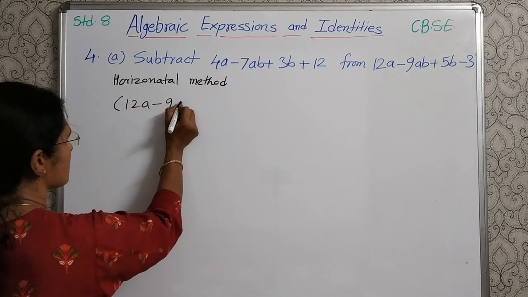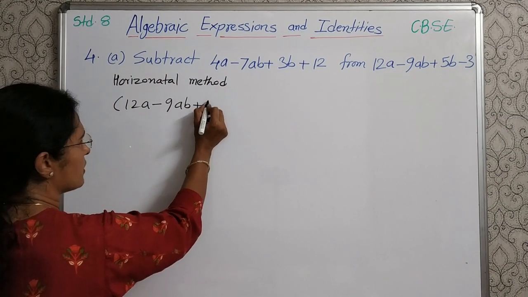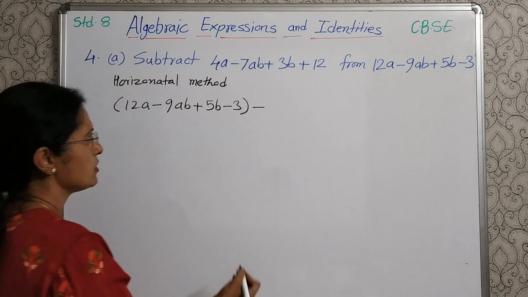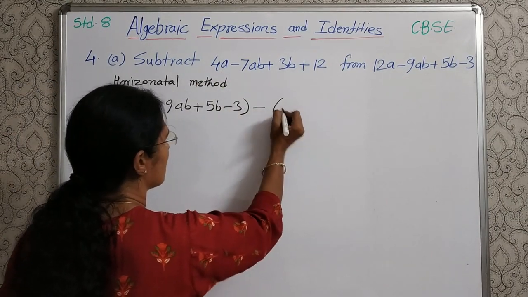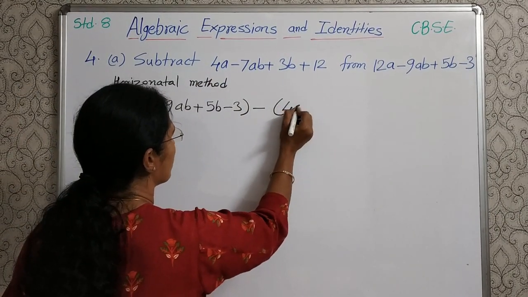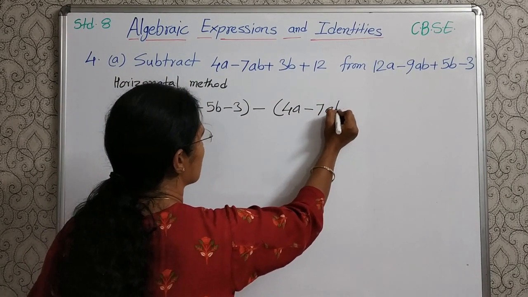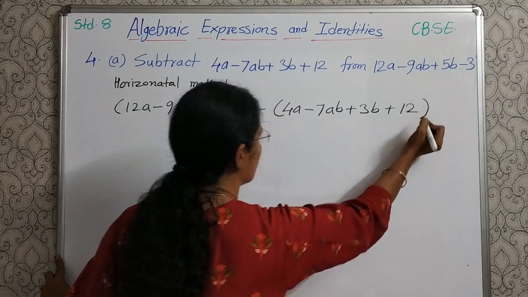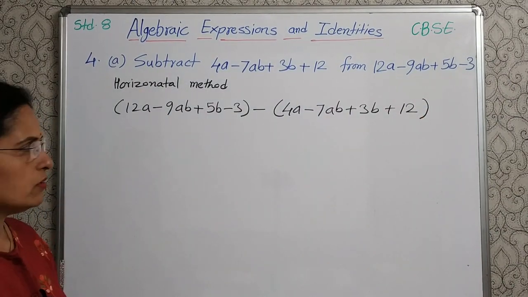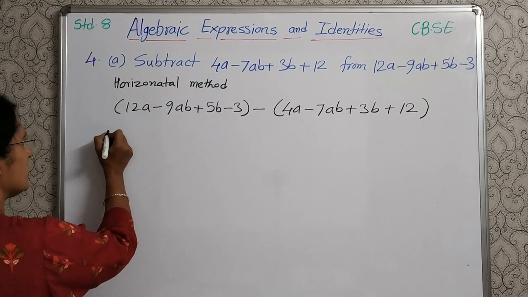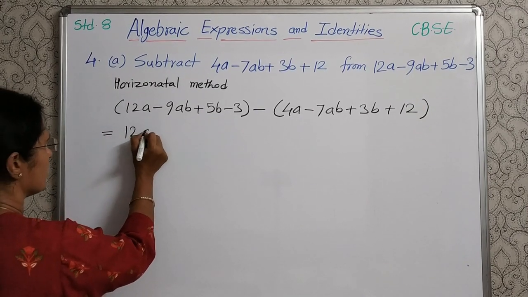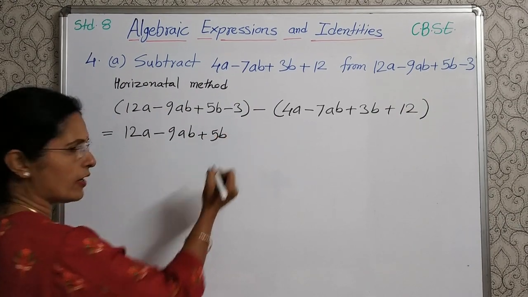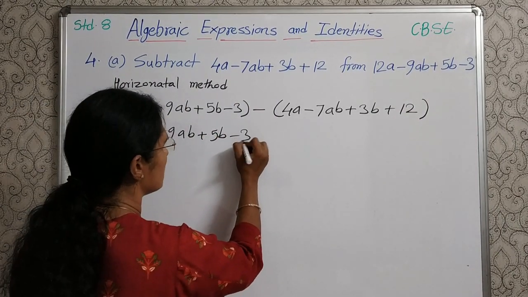12a minus 9ab plus 5b minus 3. And from this we will subtract the first expression 4a minus 7ab plus 3b plus 12. Now first we will open the brackets. First bracket write as it is without changing the sign. 12a minus 9ab plus 5b minus 3.